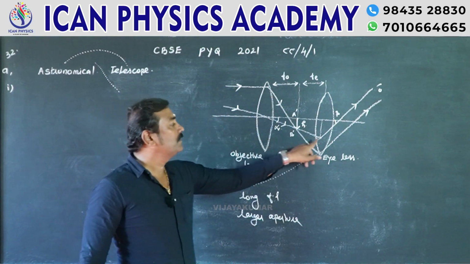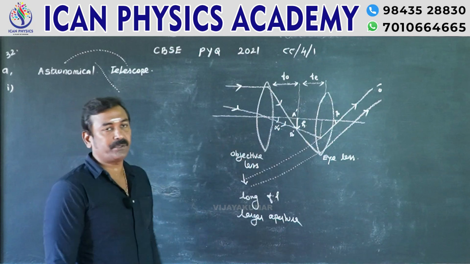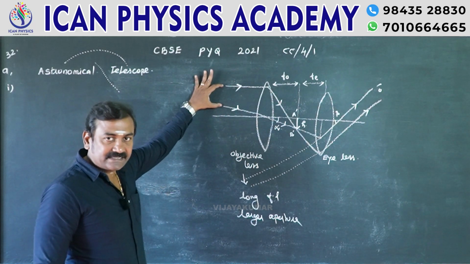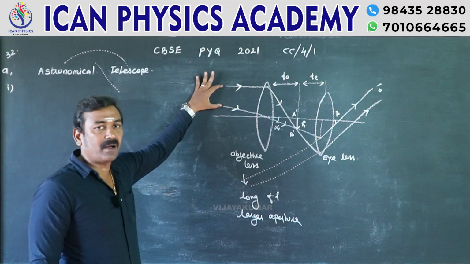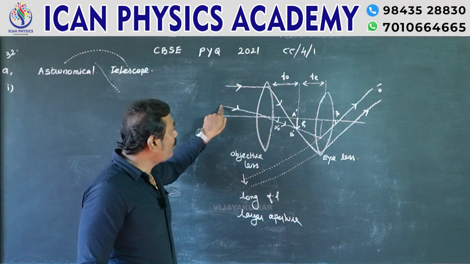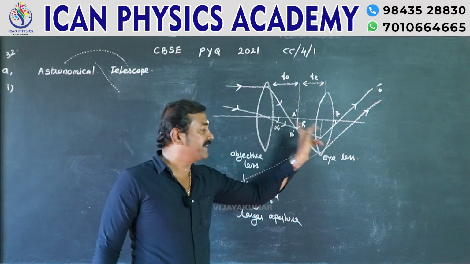Both are placed coaxially on the same axis inside the tube. Now, the light from a distant object, say a star, a planet, or any celestial object. The ray passing through the pole is undeviated.